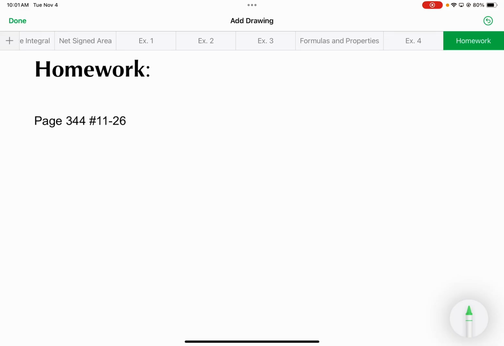Tomorrow we'll go over it. I'll make sure we spend the time to go over it, and then I'll give you the last part of that class period to do your quiz. It's also over 5.4, so review stuff about summations. And then you'll have the rest of that to work on your chapter review. And then Thursday, we'll come in, we'll review our chapter review, and then Friday, you guys will take your test.